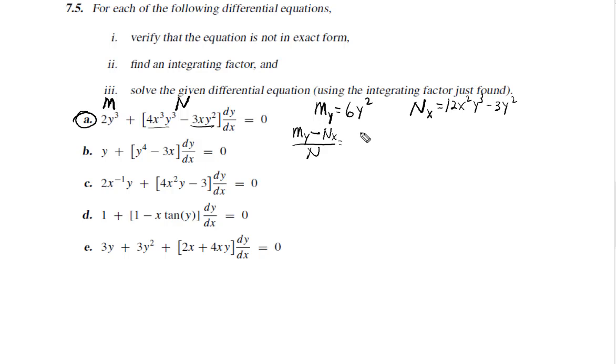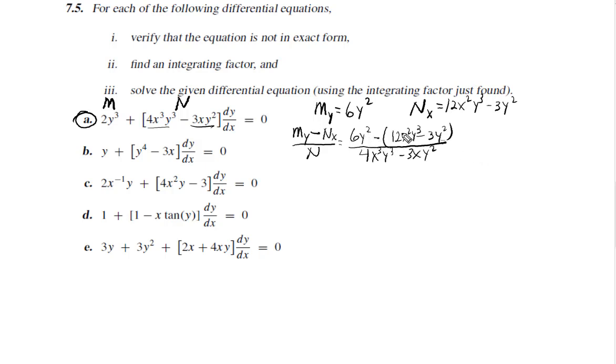So this is 6y squared and 12x squared y cubed minus 3y squared, over 4x cubed y cubed minus 3xy squared.